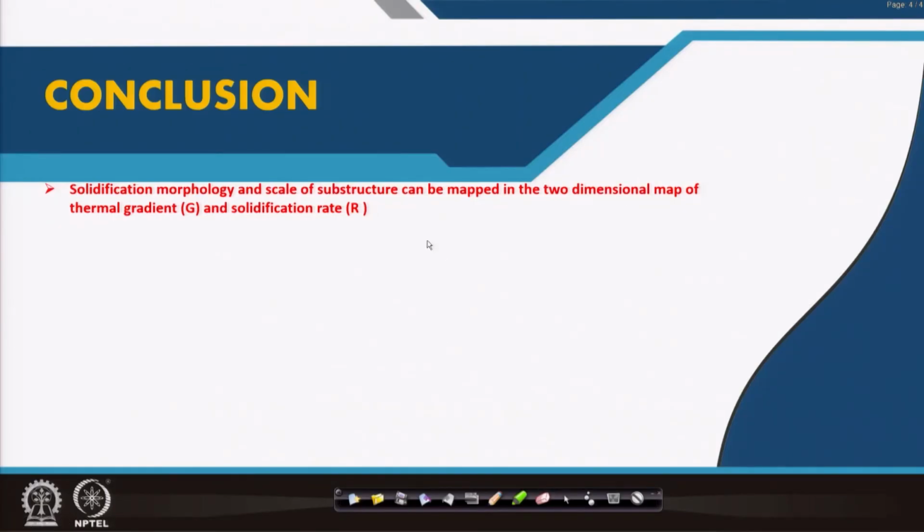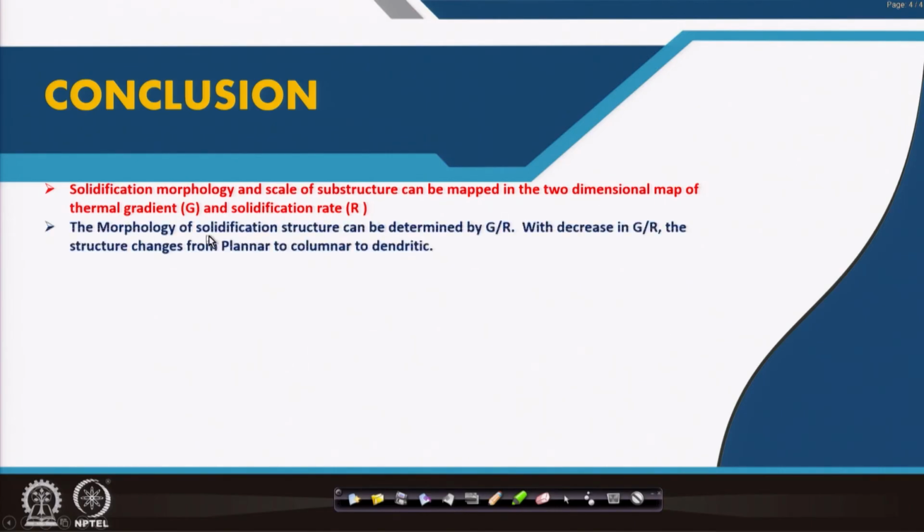Okay, so the conclusion we can say is that the solidification morphology and the scale of the solidification structure can be mapped into a two-dimensional domain of thermal gradient and solidification rate. The morphology of the solidification structure is determined by G by R, where GR, the cooling rate, gives the scale of the solidification substructure.